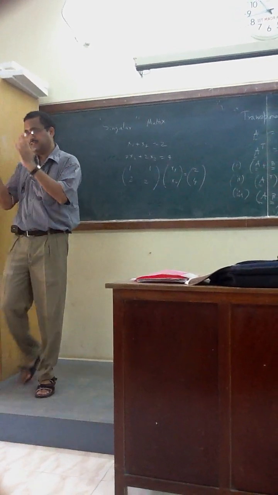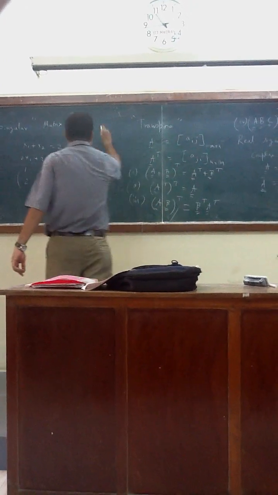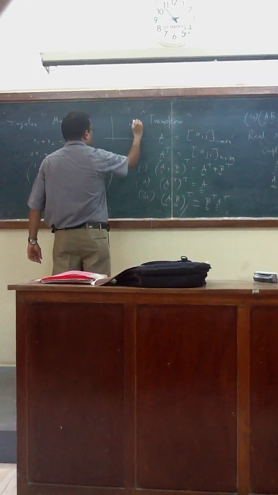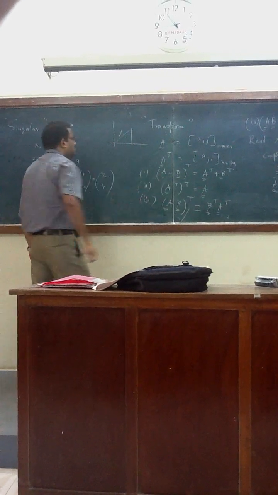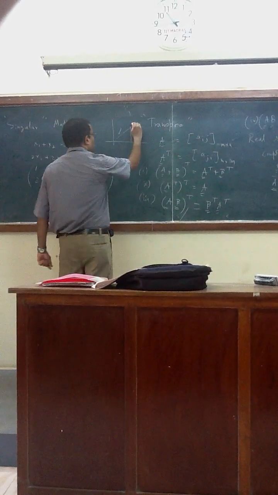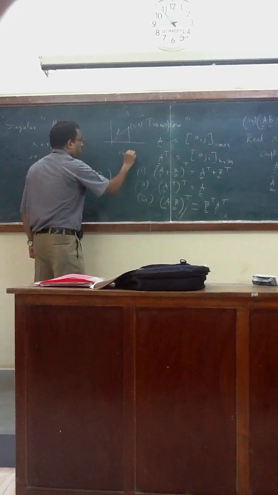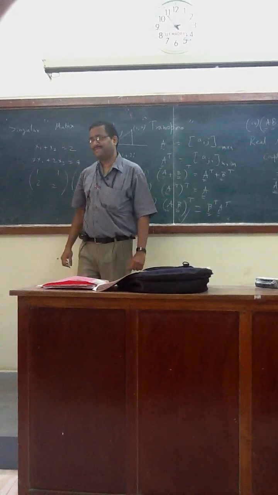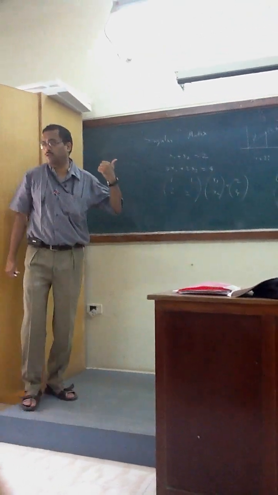That's the length. For example, we write 1 plus 2i in the Argand diagram.